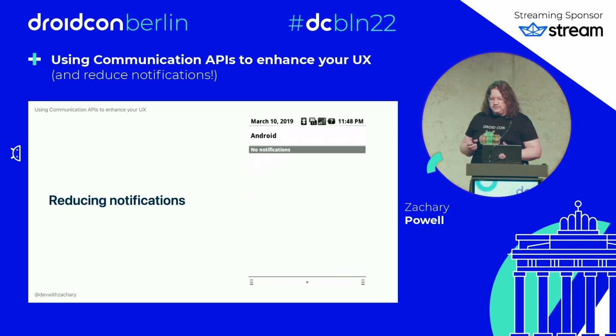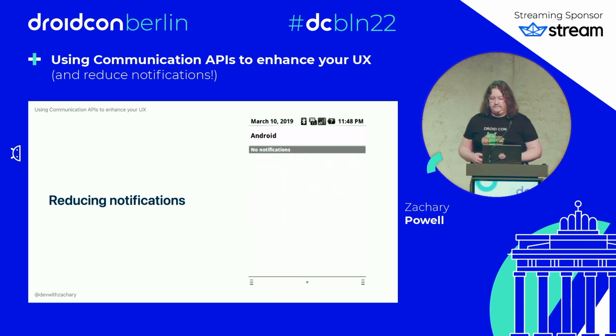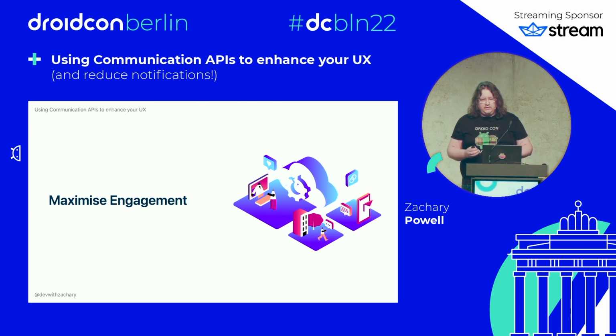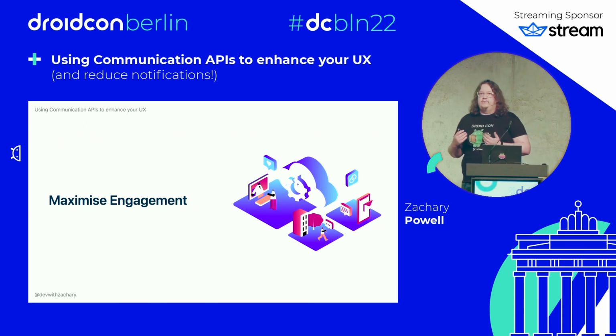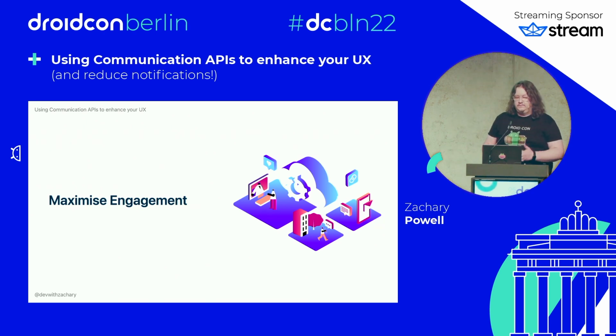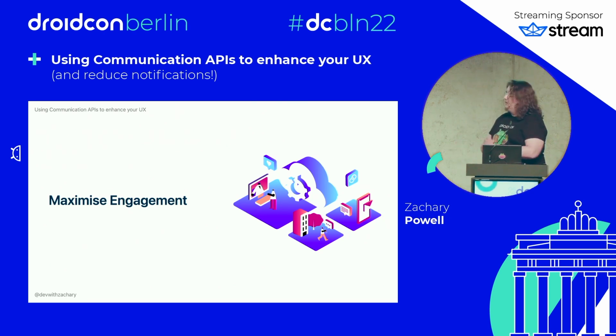So by doing this, it produces a nicer user experience. They don't see your application as something that's sending them lots of spam. And it can also really maximize the user's engagement. It can be beneficial for your app, because when the user is doing something because they've received a notification, received an SMS, or they're initializing a voice call, they feel like that's all happening in one uniform way in your application.